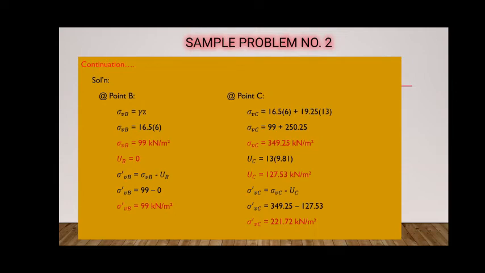For the pore water pressure, our final answer is equal to 0. Then for the effective stress, as you can see in the given formula, we subtract the pore water pressure from the total stress. So we have 99 minus 0, and our final answer is 99 kilonewton per meter squared.